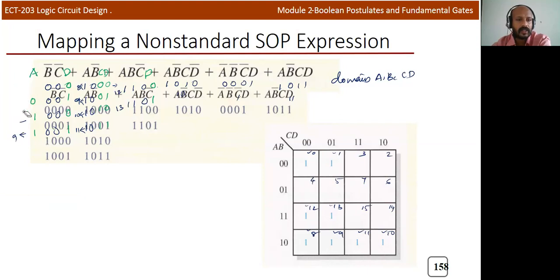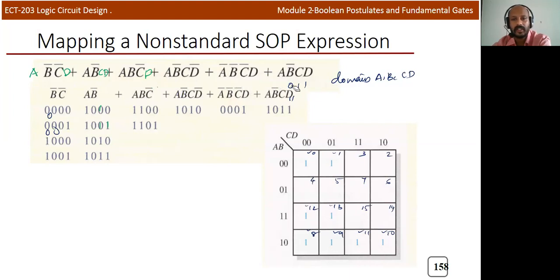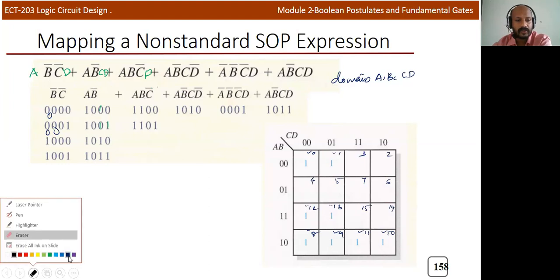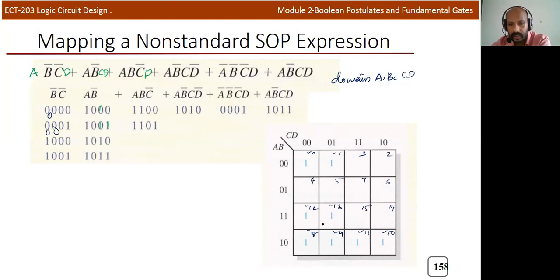So here you can see that representation. All the values are indicated here, so all the possibilities mentioned in this expression are covered. Now we can group these values. To group this, here you can see there is one group.